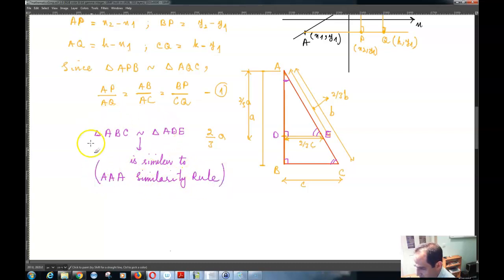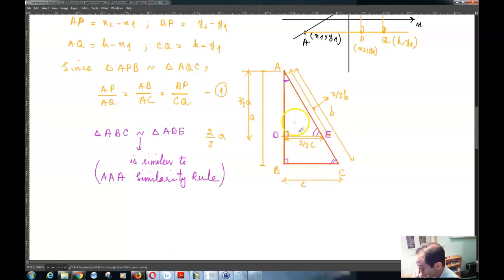Now once you have established this, there are all kinds of relationships between the sides of the two triangles, between the angles of the triangles, and so on and so forth, that you will have access to. One of those things is that there is a fixed ratio between the corresponding sides of the two triangles.